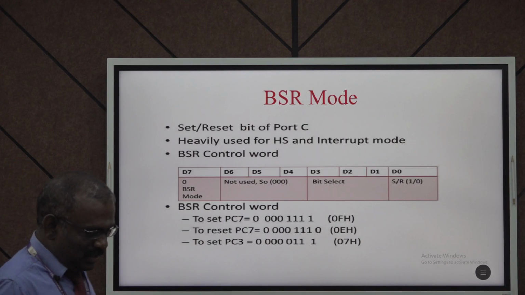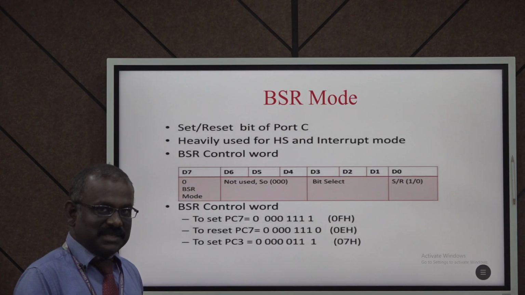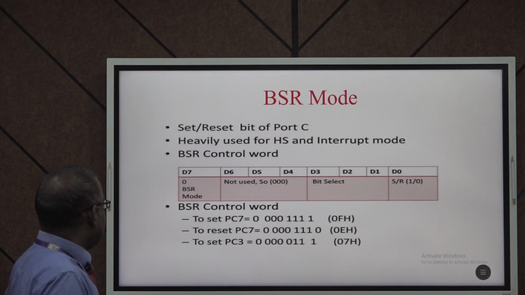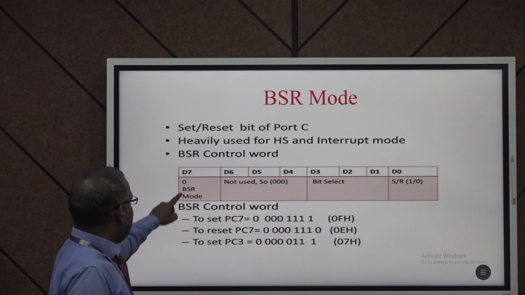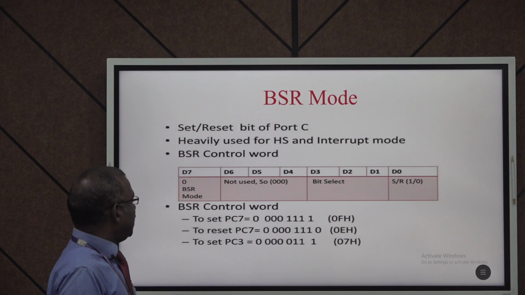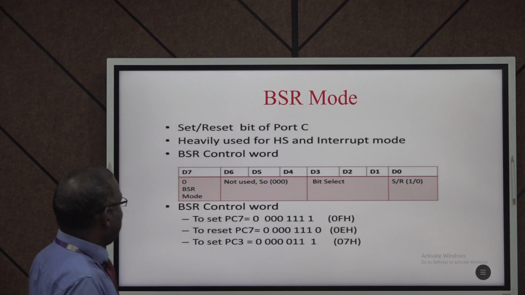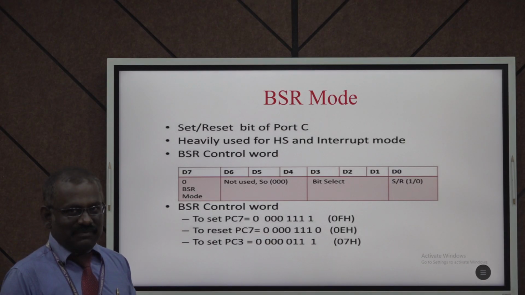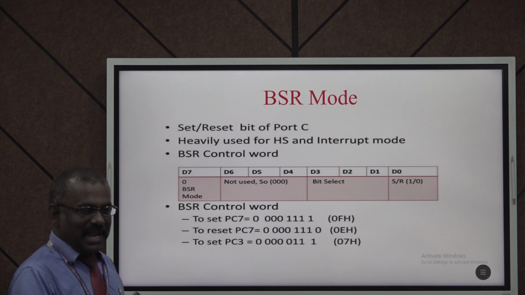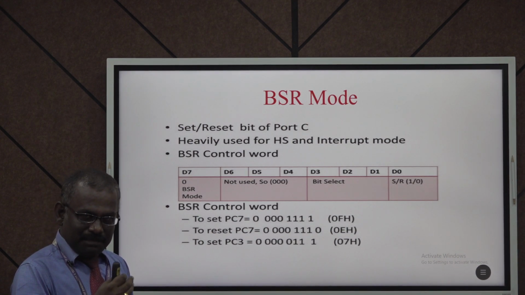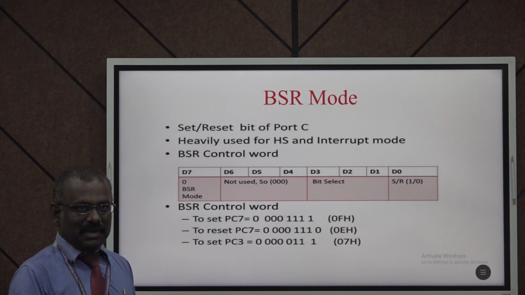We already know that to select bit set or reset mode, we have to put 0 in the D7 bit of the control register. If you put 0 in the D7 bit, then the bits D4 to D6 are invalid, they are not used. There are 8 pins in port C, PC0 to PC7.